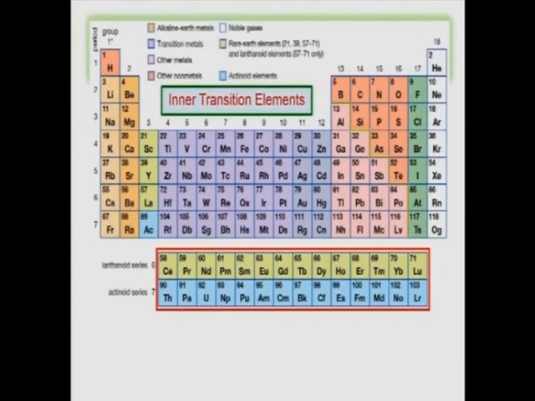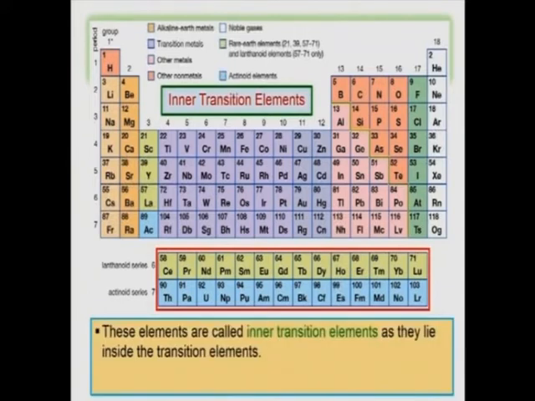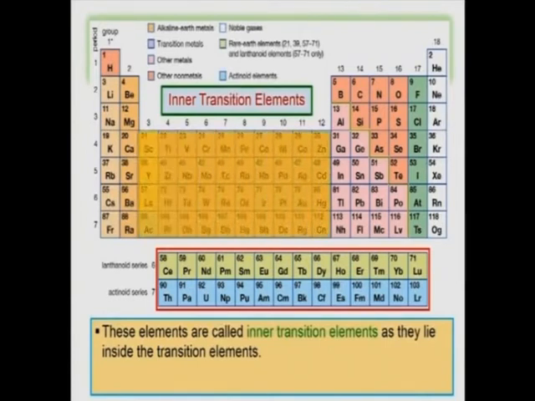We also have something called inner transition elements. If you look into the periodic table, the elements which lie inside the transition elements are called inner transition elements, and this includes the lanthanoid series and actinoid series.